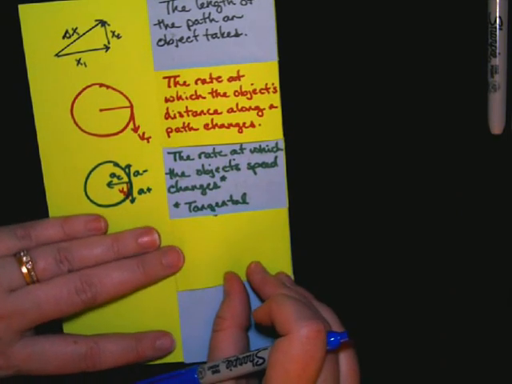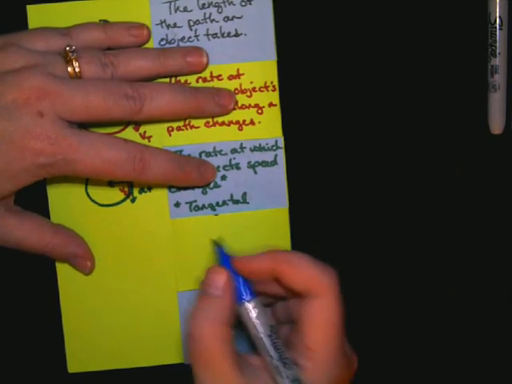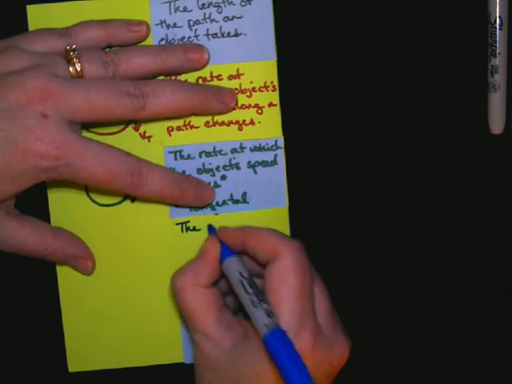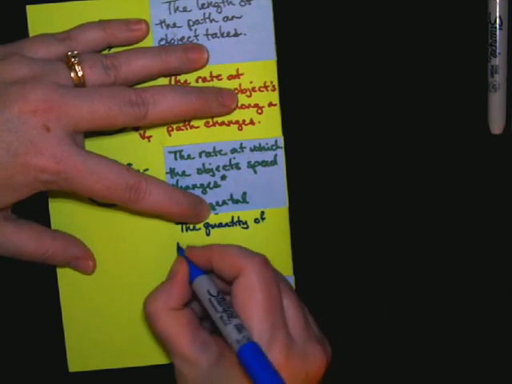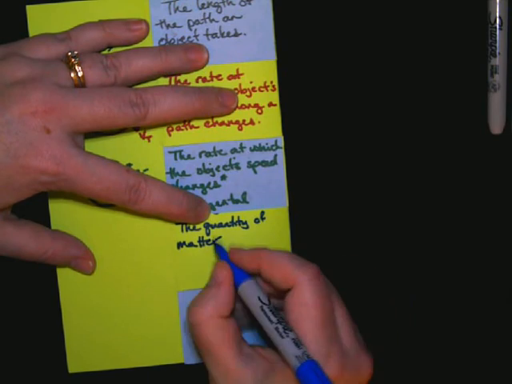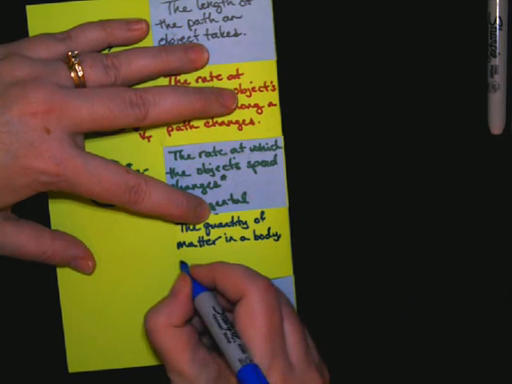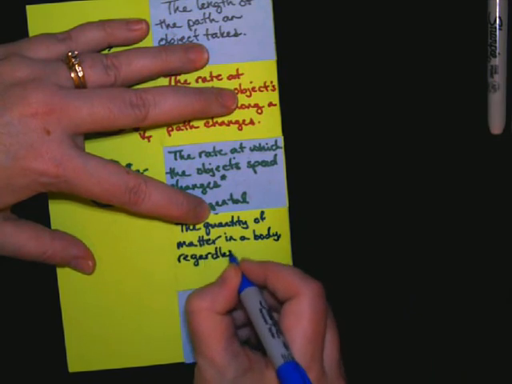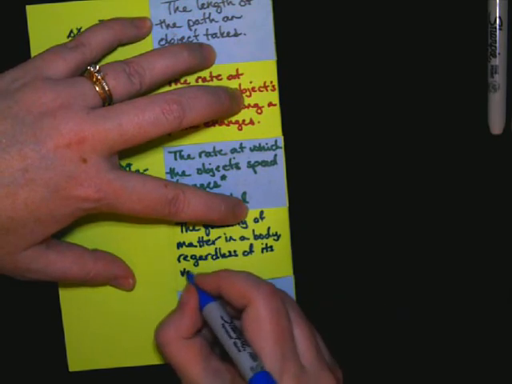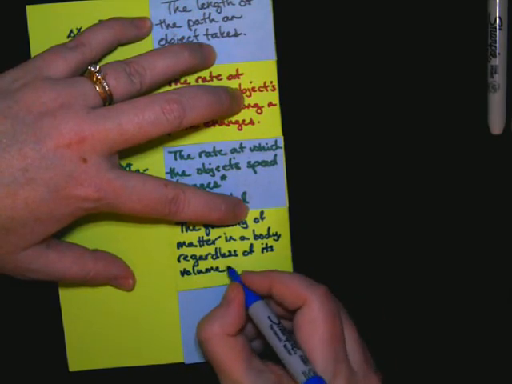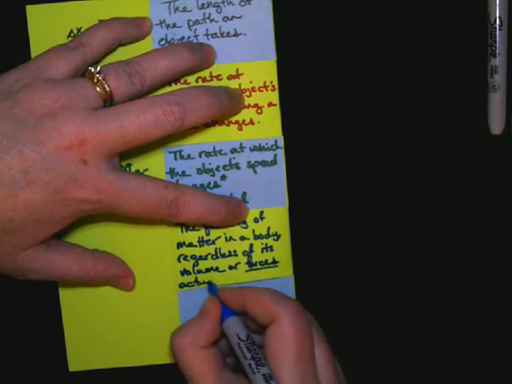So the first one we're going to start with, let's just start doing our definition and see if you can figure it out, is this is the quantity of matter in a body, regardless of its volume or forces acting on it.